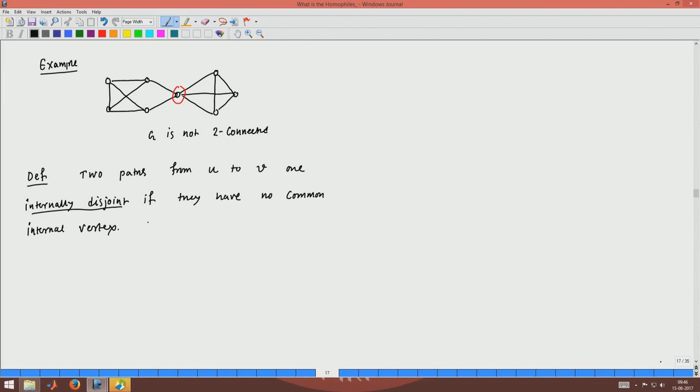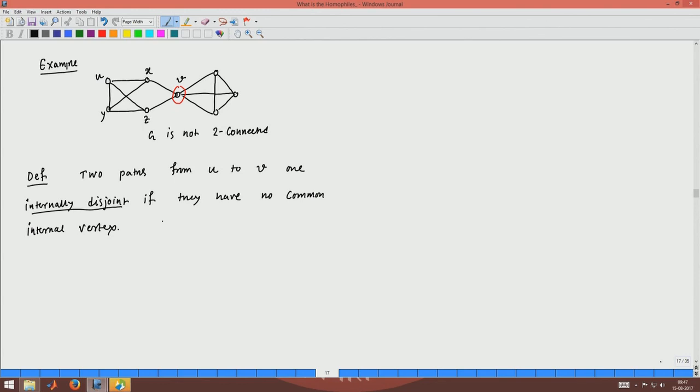Let me give an example using this graph. Say this is my U and this is my V, and I call these vertices x, y, z.